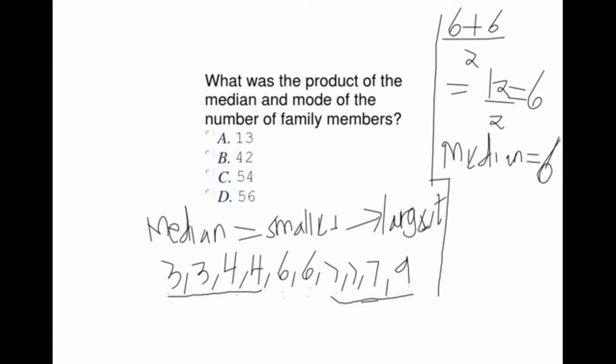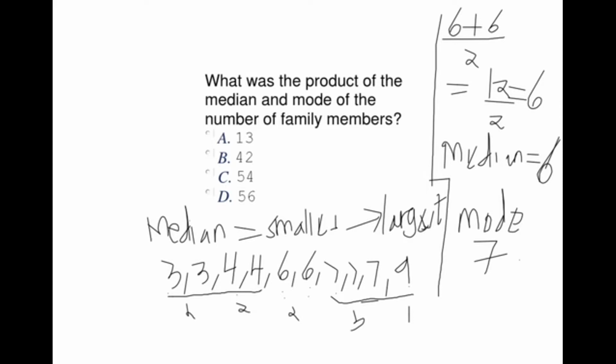Then the mode is the most appearing number. So we have 3 2 times, 4 2 times, 6 2 times, 7 3 times, and 9 1 time. So our mode will be 7, since it is appearing the most.